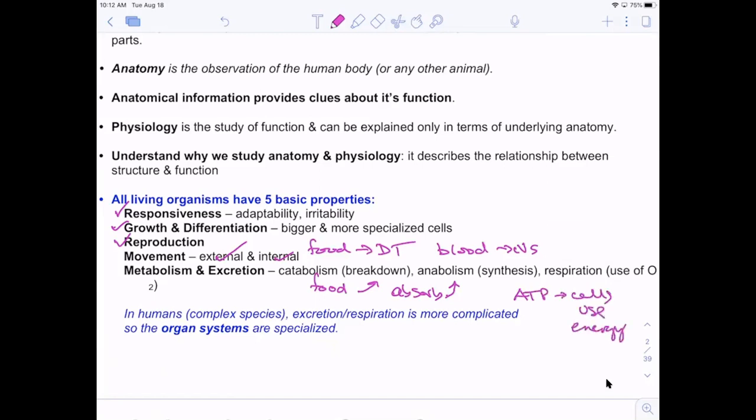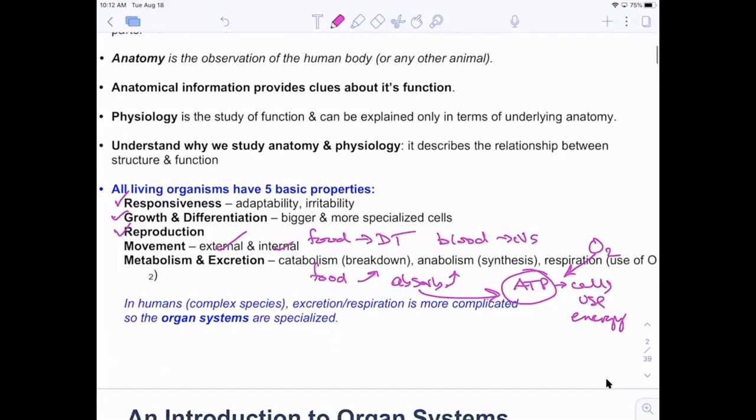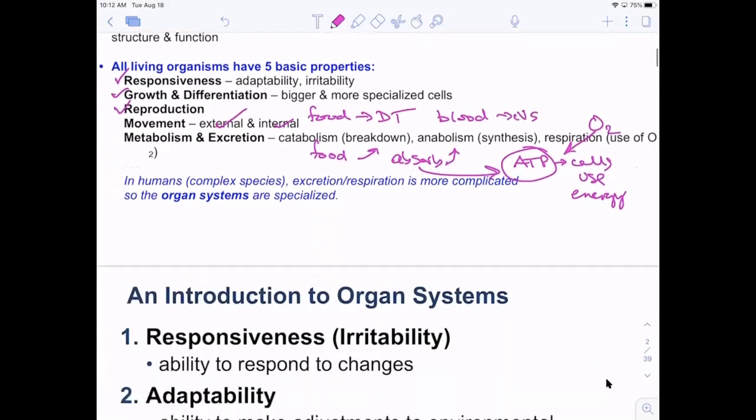And the cells have to create ATP from the absorbed nutrients, and that uses oxygen. So we need oxygen to create ATP. So that's why we breathe in oxygen. And hopefully you kind of remember that from biology. That's called cellular respiration. All of these things have to continue, or the organism will cease to be living.